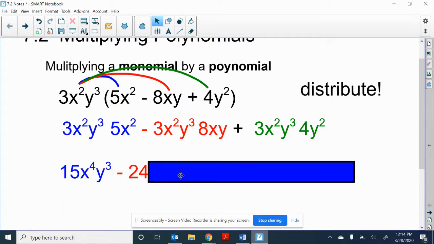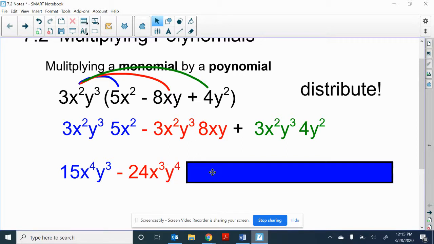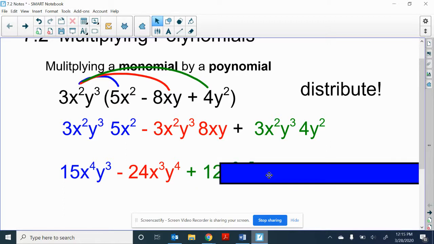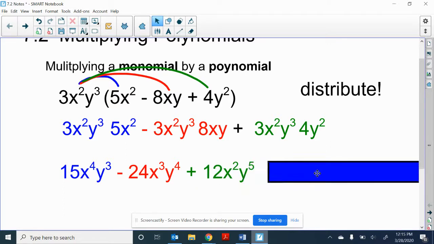X squared times x, x to the third, y cubed times y is y to the fourth. And then my last term, 3 times 4 is 12. X squared, nothing to combine there. And y to the third times y to the second is y to the fifth.